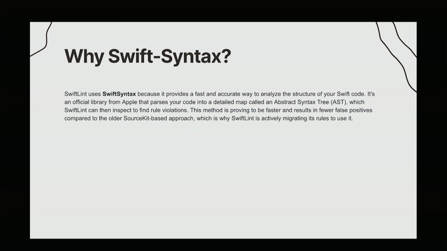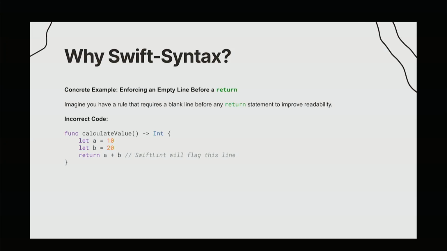And why SwiftSyntax then? If SwiftLint can already do something like this, SwiftSyntax provides a much faster and more accurate way, because, if you have studied computer science, there's something called an abstract syntax tree, which helps you analyze the code as a tree, read in different layers of structure.